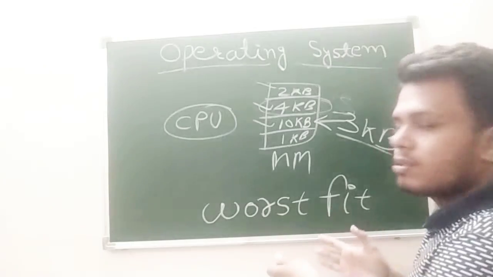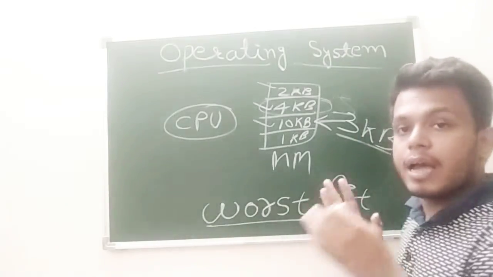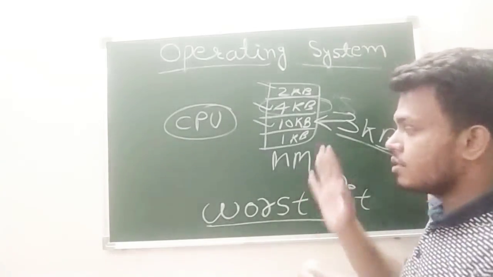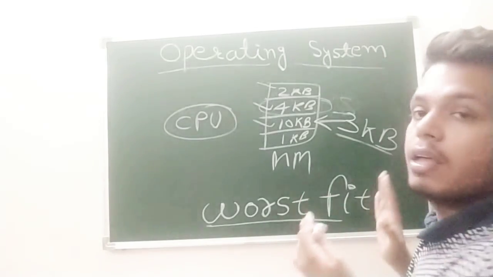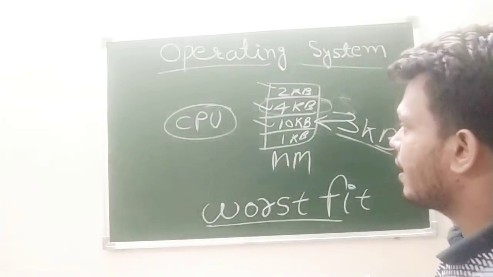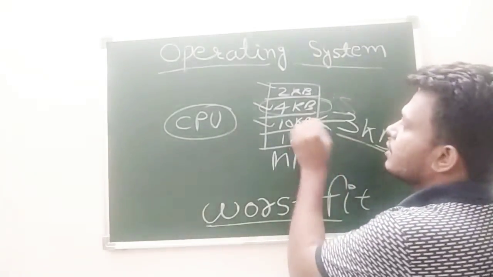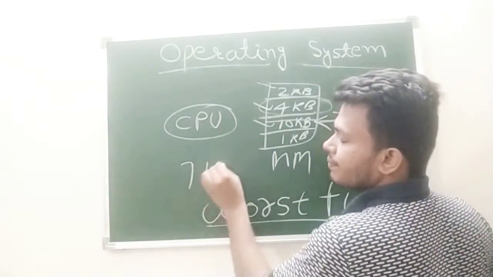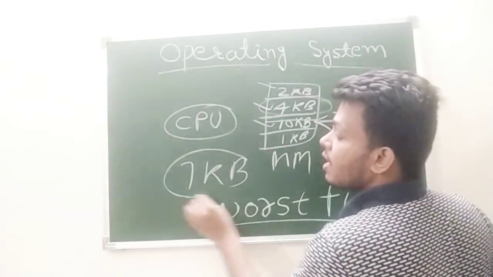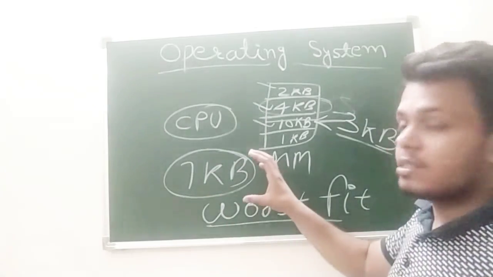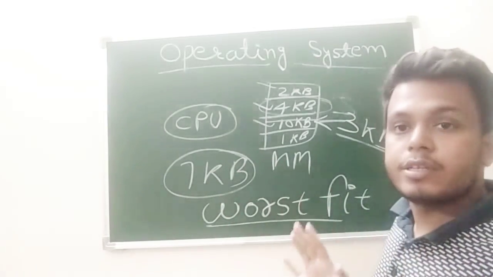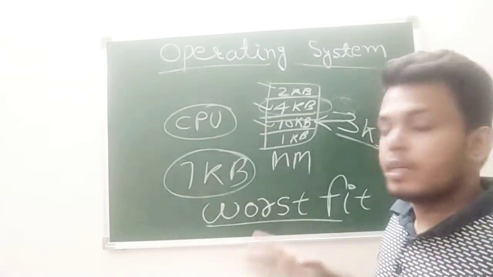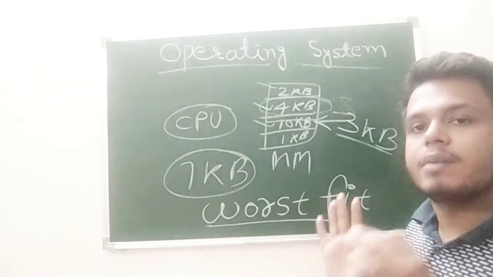But in some cases, in dynamic or variable memory allocation, this is one of the best algorithms available. Why? Suppose a process comes with 3 KB. How much space will be left? 7 KB. It is a very large amount. This is quite a good space. We can accommodate more processes in this, maybe 1 or 2. That is why worst fit is not that bad.